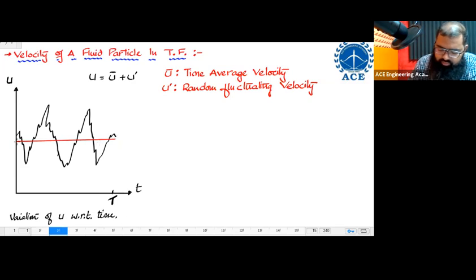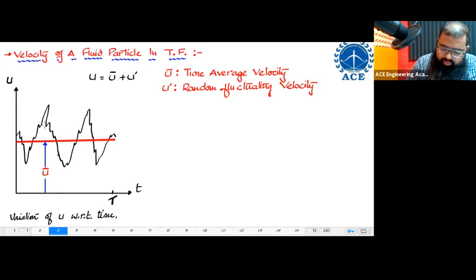Suppose this, the red line over here, is representing the average velocity I'm having. This is known as average velocity, u bar.